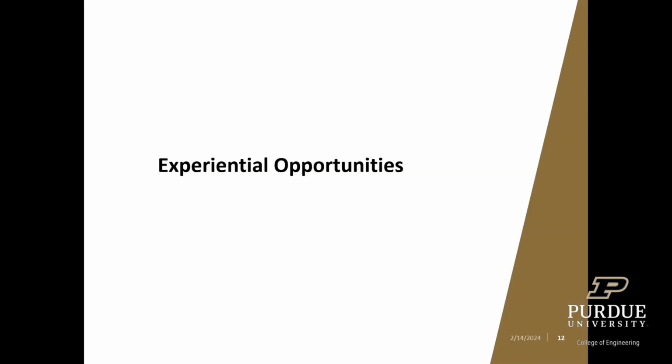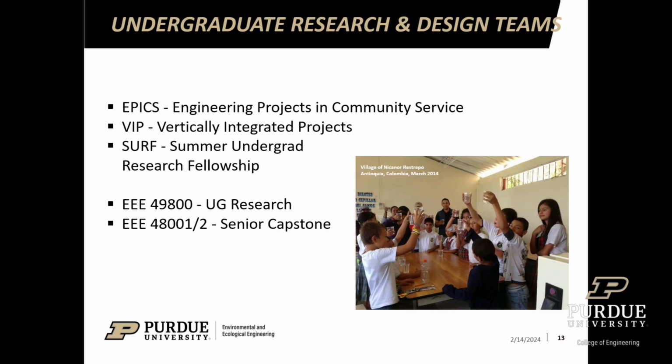Now I'm going to transition into looking more at experiential opportunities at the undergraduate level. If you are interested in being active here as an undergraduate student, you want to be involved in design teams, or you want to be in active learning types of classes, hopefully some of these listed here, EPICS, VIP, are familiar to you.